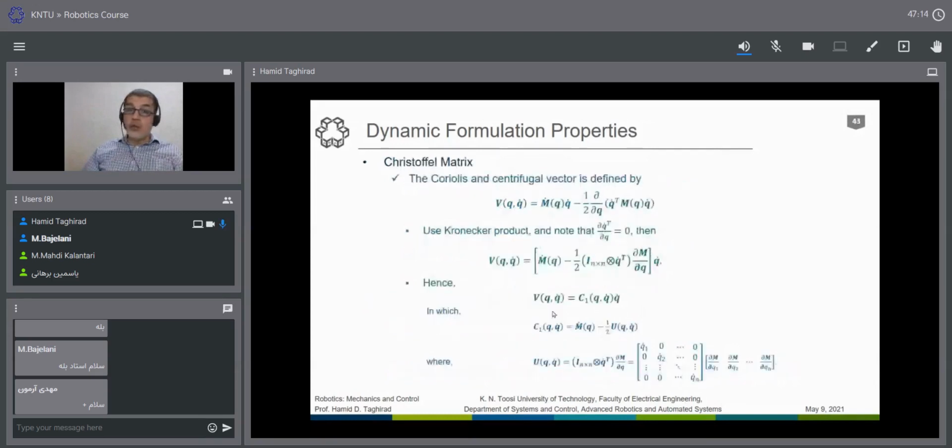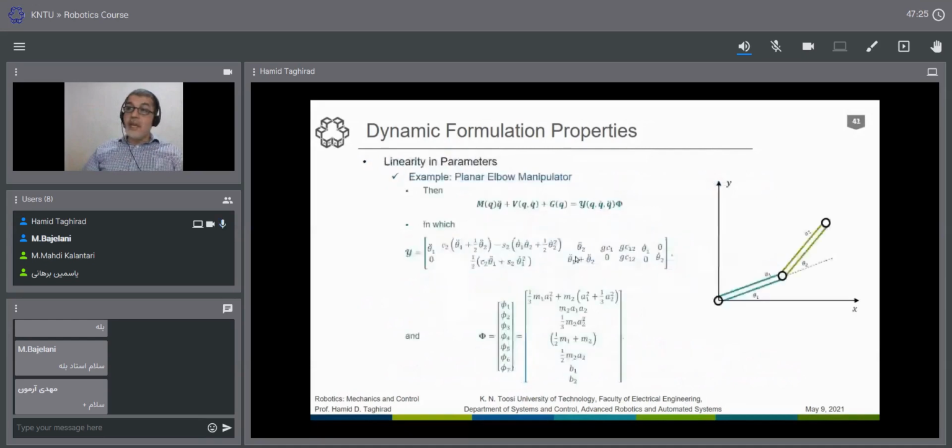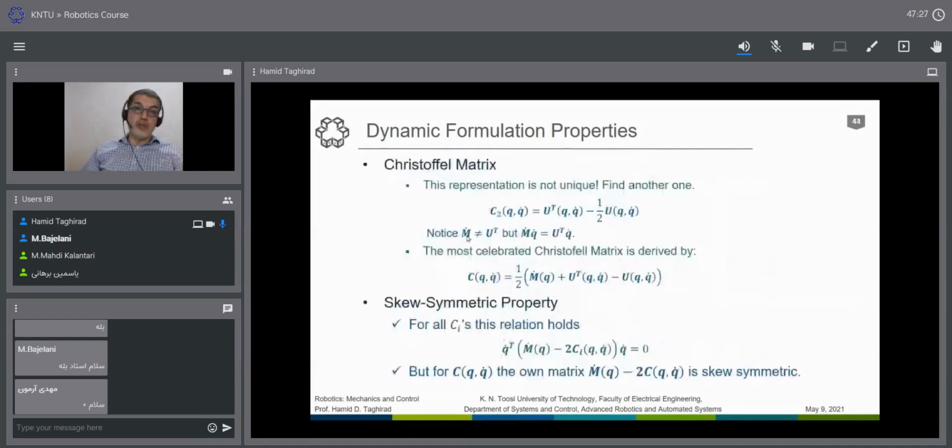M dot is not equal to U transpose, they are two different matrices, but M dot times Q dot is equal to U transpose Q dot, and this is the key point here. By proving that, we can write the C2 quite easily, just by simple manipulation of U.